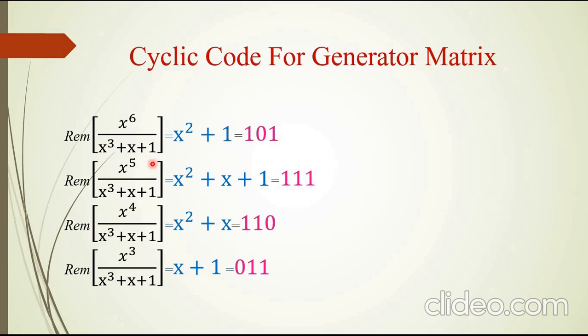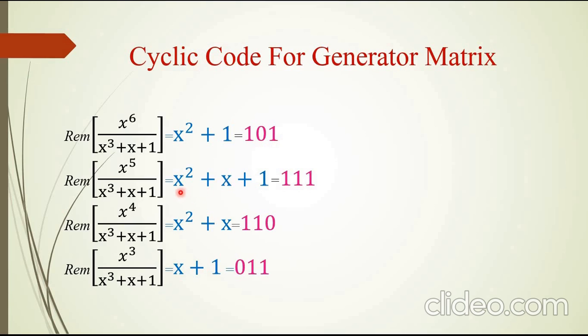If you have this remainder in terms of bits, then we can say for first remainder, which is x square plus 1. So x square is present. So its coefficient is 1. x to the power 1 is not present. So it will be 0 and 1 is here. So it will be 1. So the code will be 1, 0, 1.